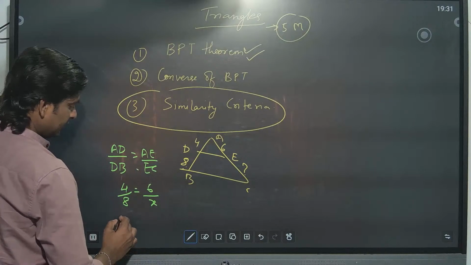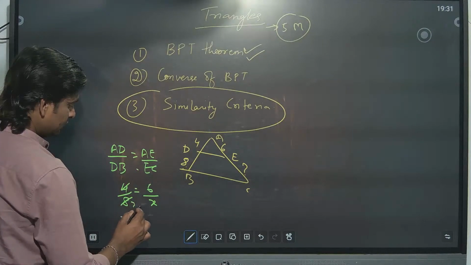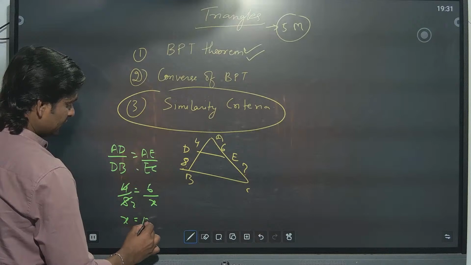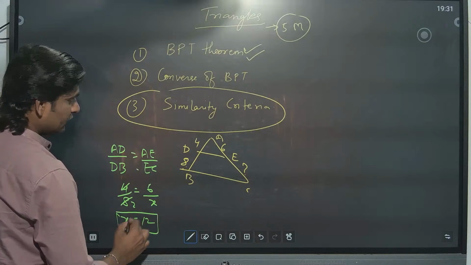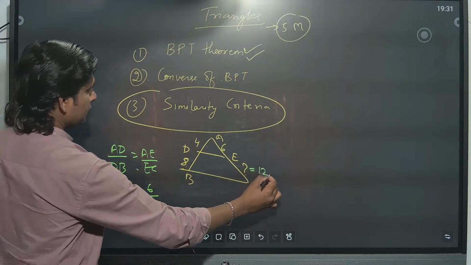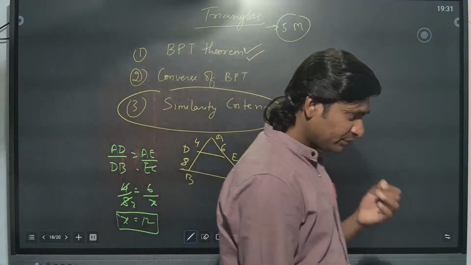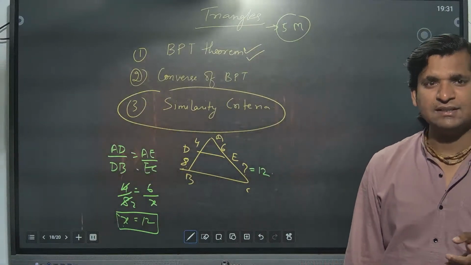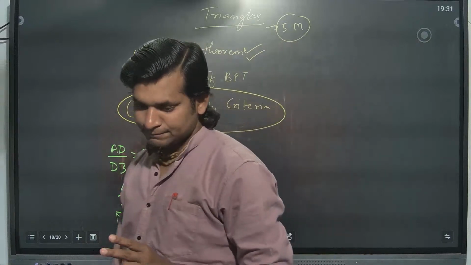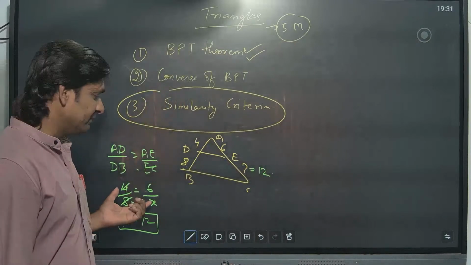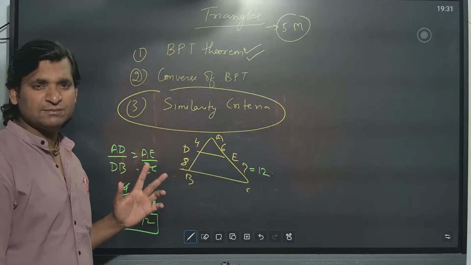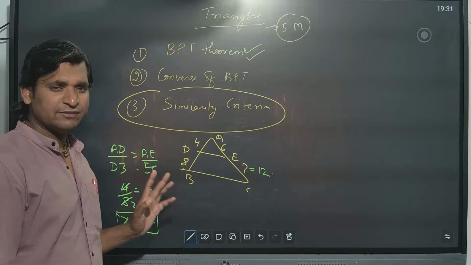So x is equal to 6 twos are 12. So you will get 12 as the answer. This is one of the numericals they will ask in the MCQ. So one or two MCQs you can get from here.